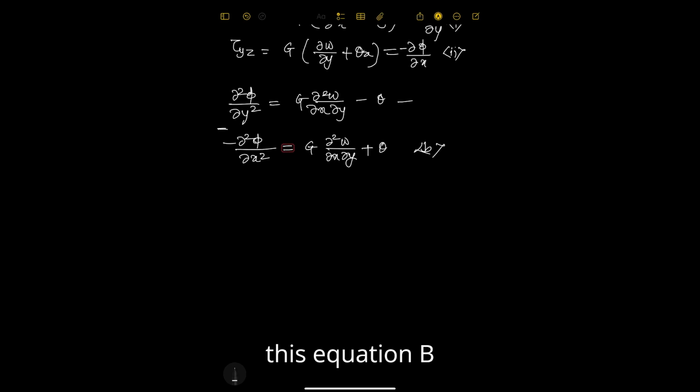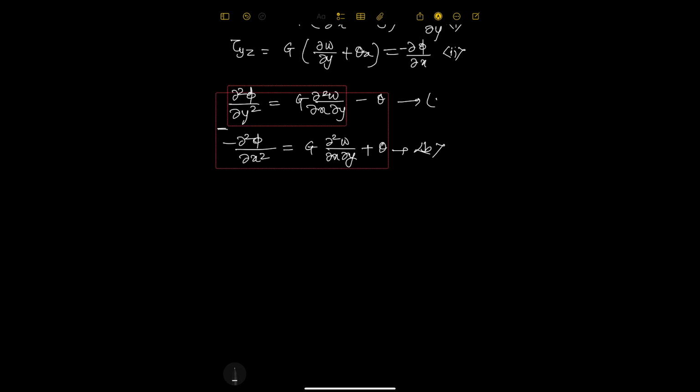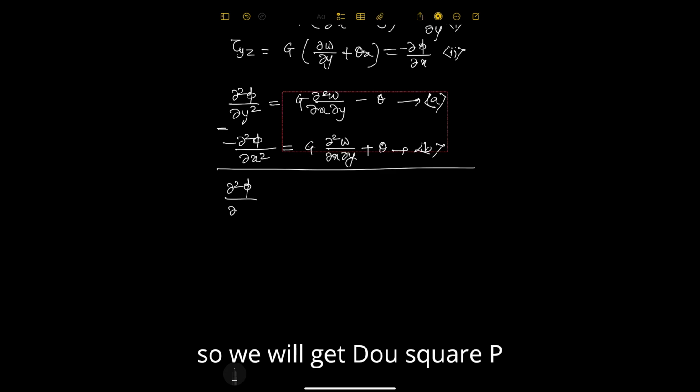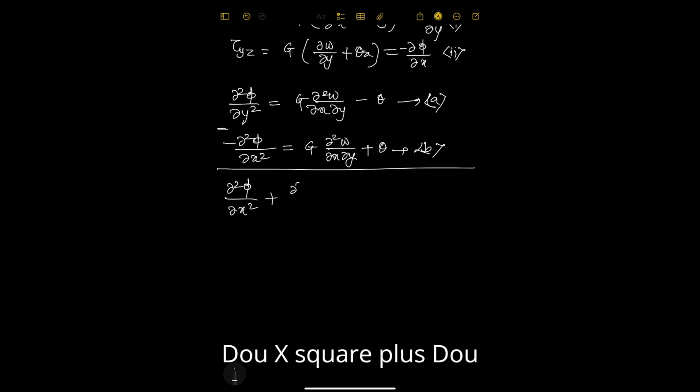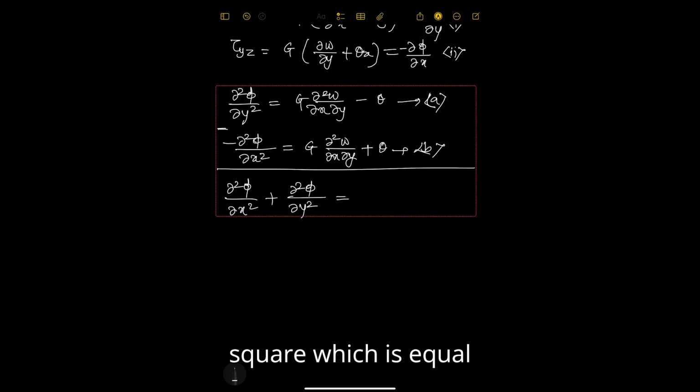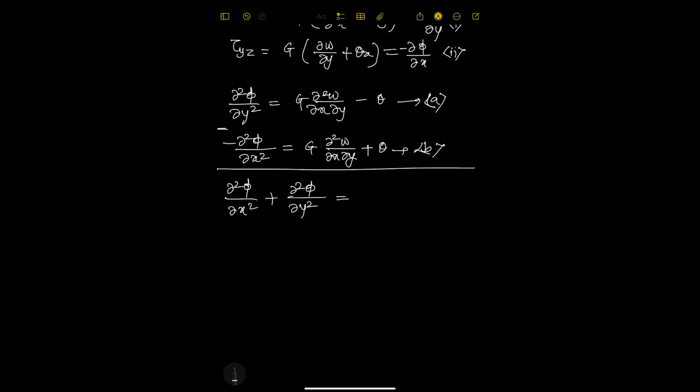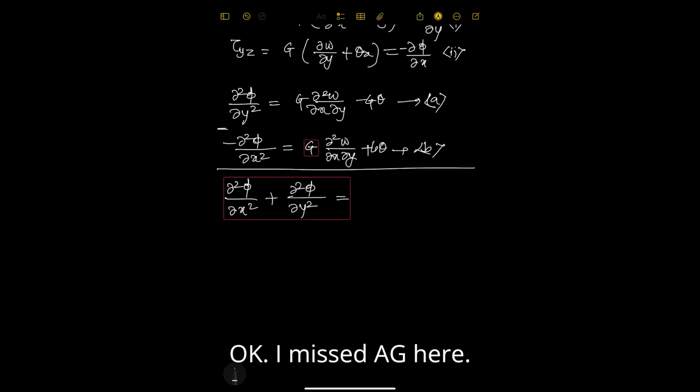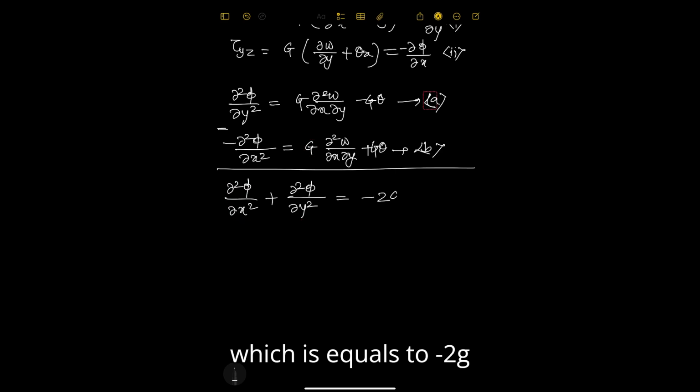Now subtract this equation B from A, so we'll get dou square phi by dou x square plus dou square phi by dou y square, which is equal to, okay, I missed a G here, which is equal to minus 2G theta.